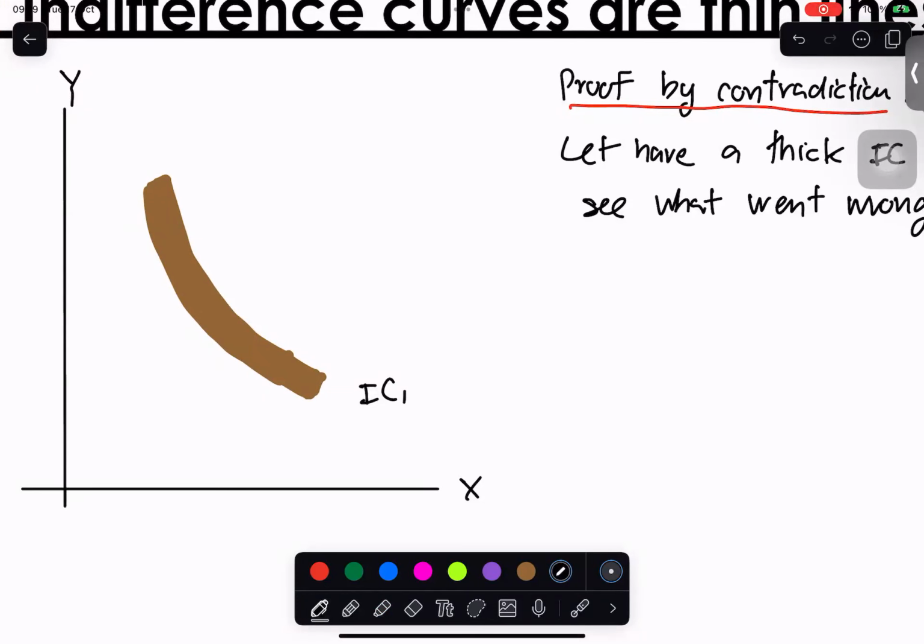Let's bring two baskets to have a look. So basket A and basket B, both baskets live in this indifferent curve, stay in this indifferent curve.